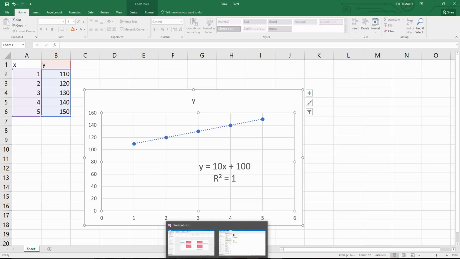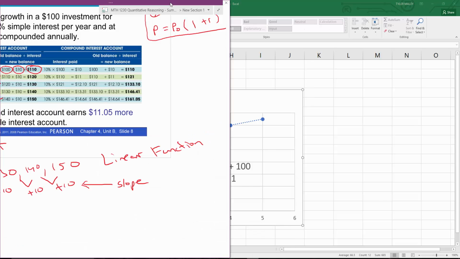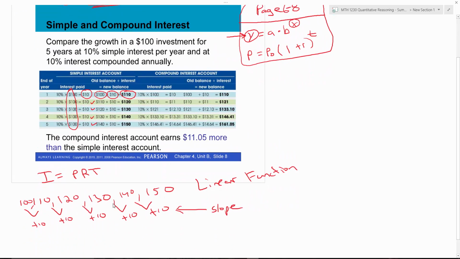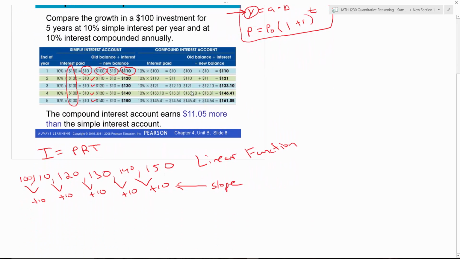So if I go back to my OneNote here, now we can look at the compound interest. With the compound interest, notice how the interest is calculated. We're taking 10% times the old balance.